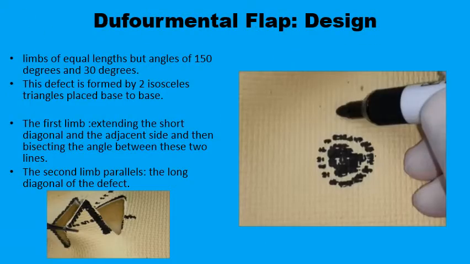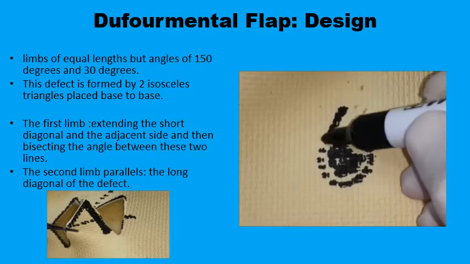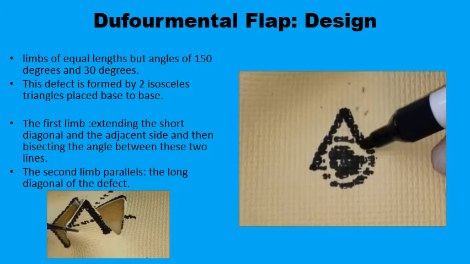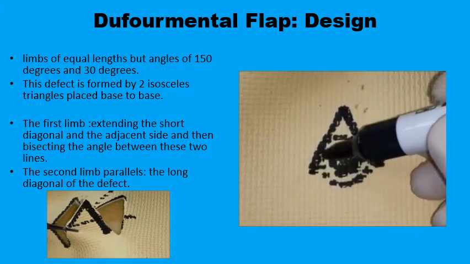With a Dufourmental flap, you can work with rhomboids with angles different from the classic 60 degrees and 120 degrees. You can work with 30 degrees and 150 degrees rhomboids.